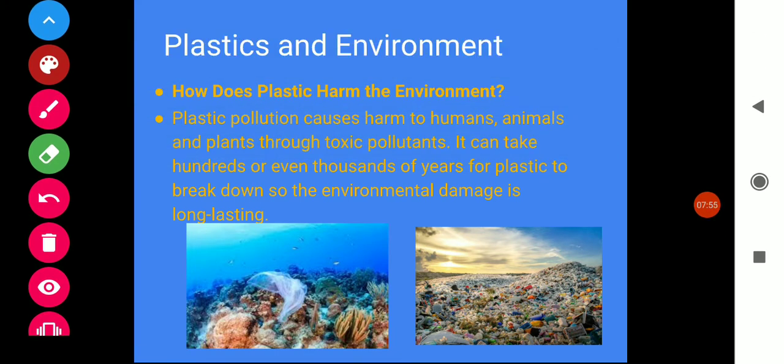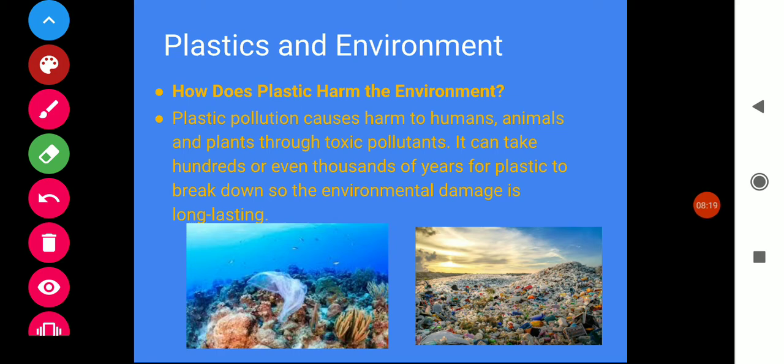So it causes environmental pollution. So when you burn the plastic, it will release poisonous fumes into the atmosphere. So this will cause air pollution. So what you have to do? You have to avoid the use of plastics as far as possible. Okay.